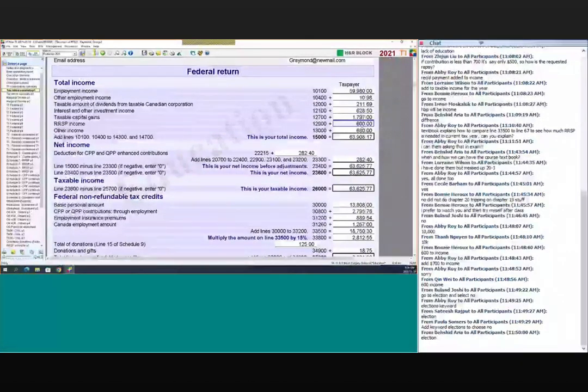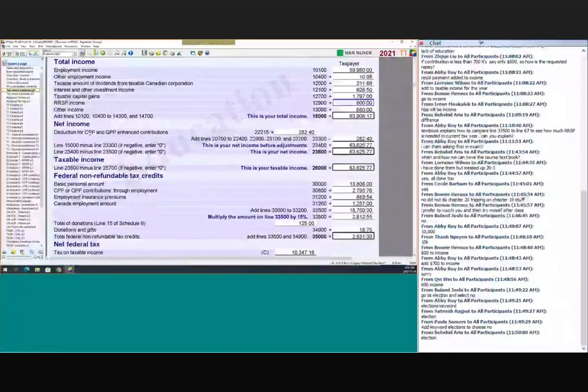So that $600 is what we discussed earlier. That's the deficiency for the home buyer. He only put 400 in, so he has to put 600 into his income. So his total income is $63,908.17. Those of you who've done the problem already, that should be your total income. If you didn't get that number, you know that there's something incorrect with your data entry.